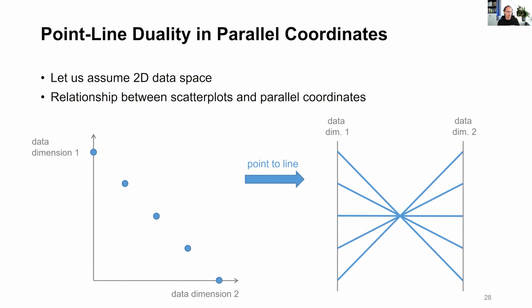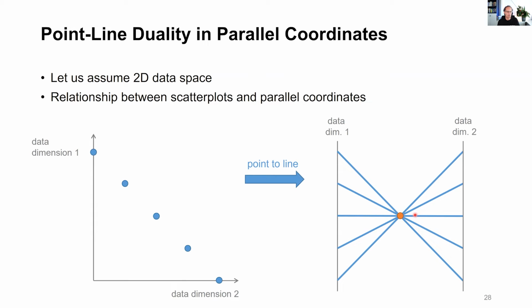And the interesting thing is, if you look at the parallel coordinates plot over here, that they all cross at one point here. So the perfect linear correlation over here gives rise to this one common intersection point in parallel coordinates. This is a very important visual pattern for us because this indicates linear correlation in parallel coordinates, if you see something like this.